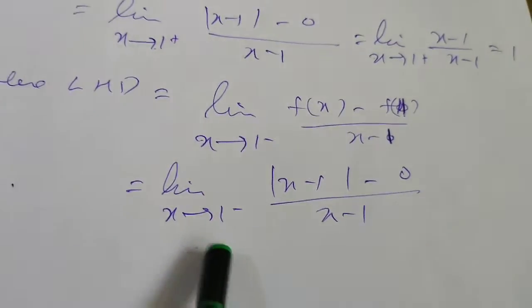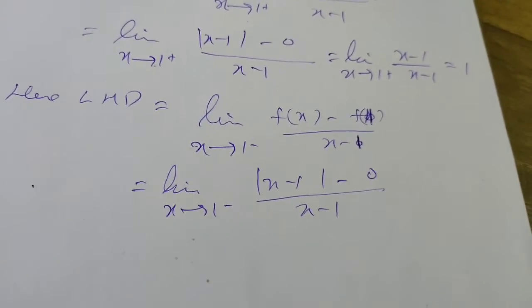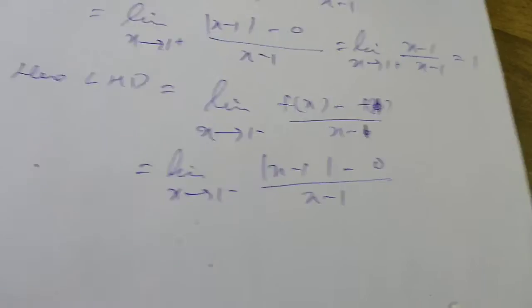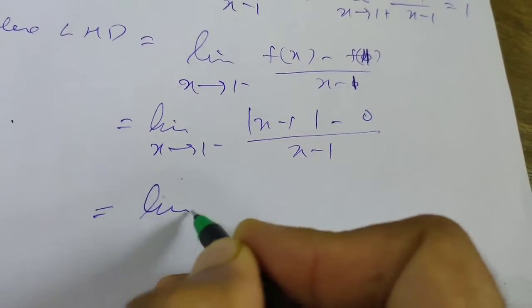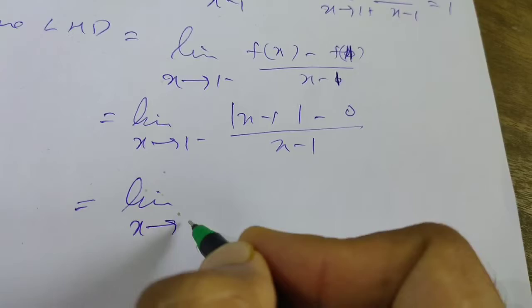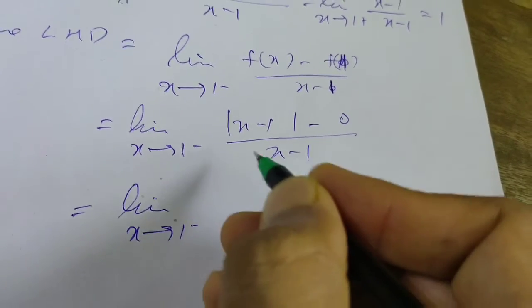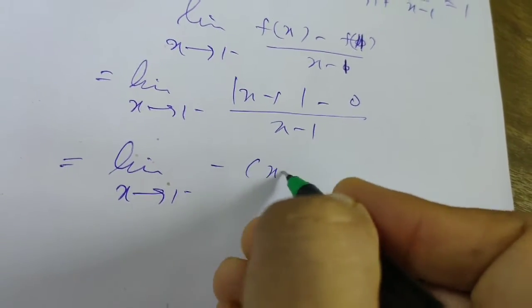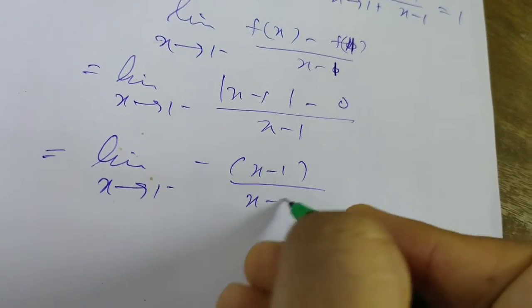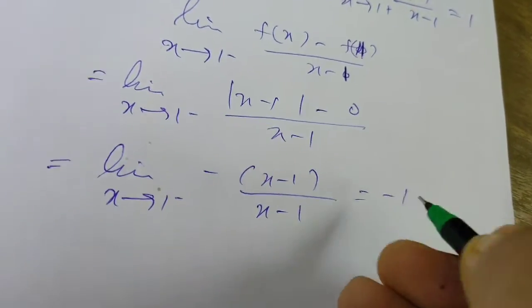And since x is less than 1, therefore mod of x - 1 will be written as 1 - x, or minus of (x - 1). If I need to remove the mod, I can write it as minus of (x - 1) over (x - 1), and this will give us minus 1.